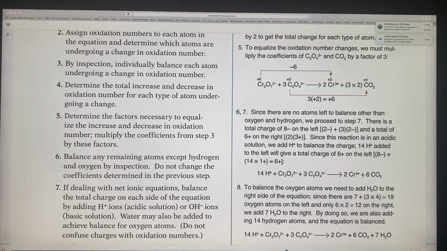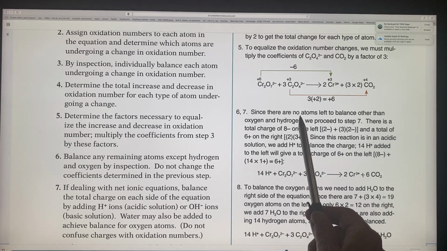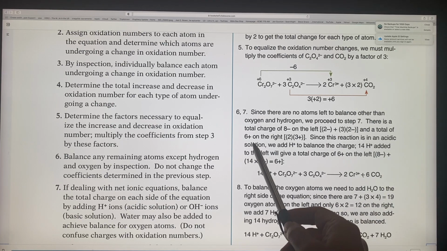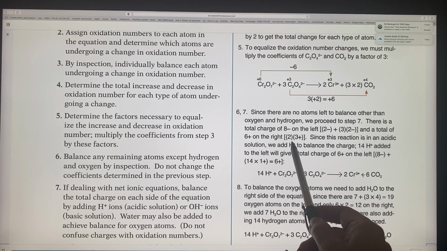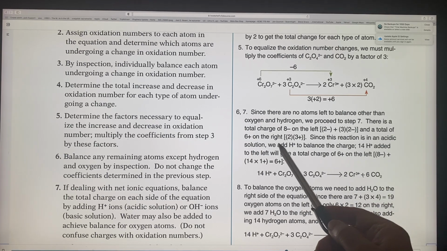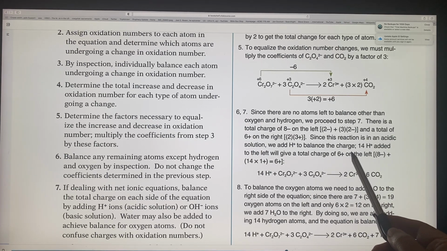So now, in step 7, what's step 7? We're going to be dealing with either hydrogen or hydroxide. So there's a total charge of 8 negative on the left and a total charge of 6 positive on the right. Since the reaction is in an acidic solution, we add hydrogen to balance it.